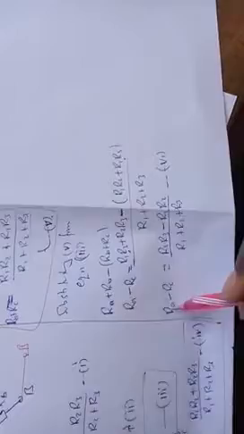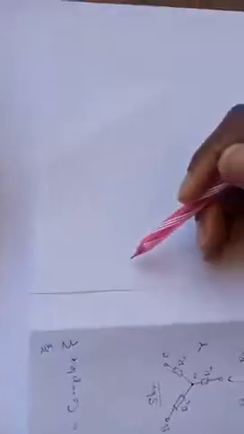Our aim is to express RA in terms of these resistors, delta resistors. But here I have a RC, so I'm supposed to, what I'll do is, we're going to add.